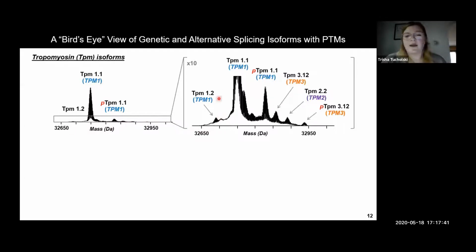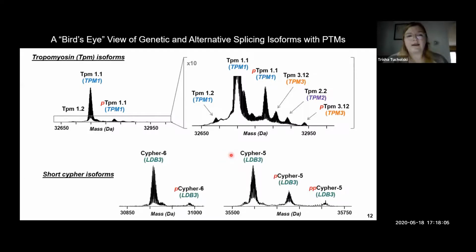You can see an alternatively spliced isoform of TPM1, which we call TPM1.2. We also see isoforms from different genes. We can see TPM3, which is also gamma tropomyosin, and you can also see beta tropomyosin, which comes from gene TPM2.